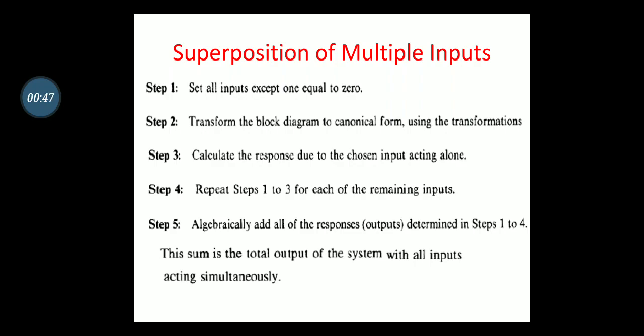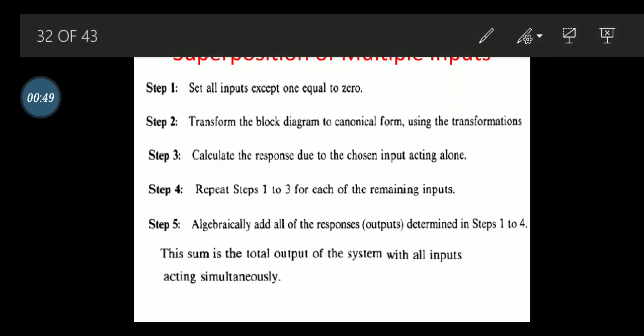Step number 1: set all inputs except 1 equal to 0. So if a number of inputs are given, here we need to calculate a single input response alone, and the remaining inputs are set to 0.